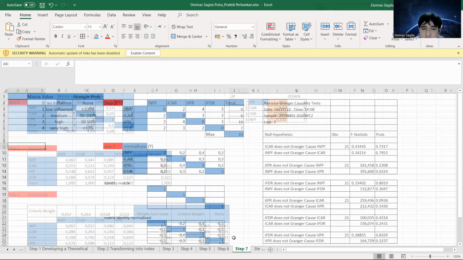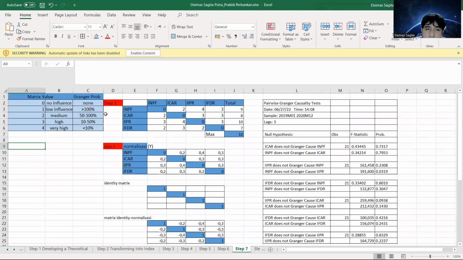Let's continue to step 7. In here, the first step, we make the table again. But first, we need to find the Granger causality test. We can use a few applications. You can see here we got the Granger causality.